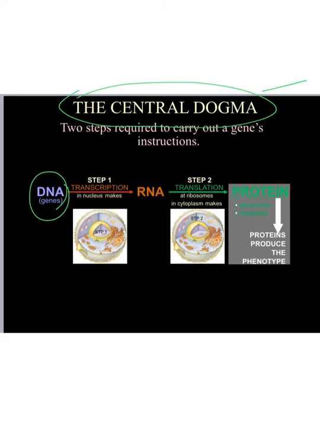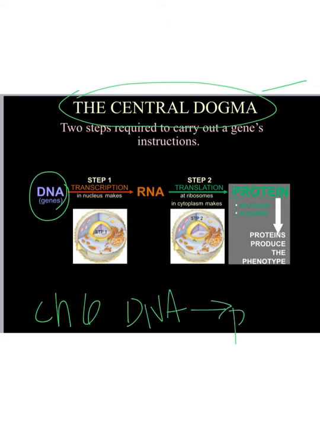So again, remember back from chapter 6 when we did the tour of the cell, we said that DNA contained the instructions for making our proteins. If you remember the analogies that we did back in chapter 6, DNA was our recipe, or what we used to make our widgets or whatever it was that we were making.